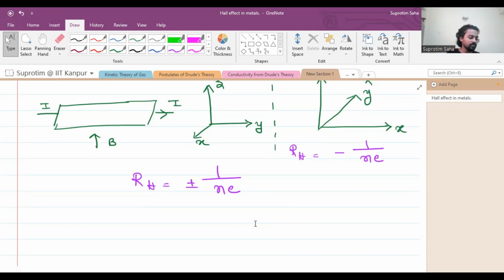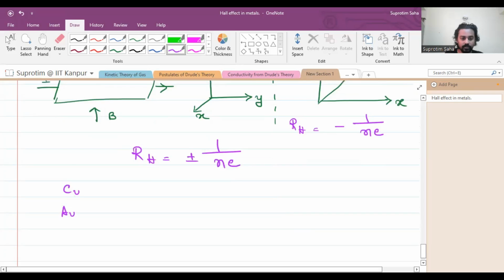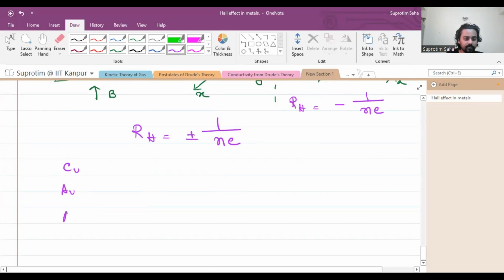Fine. Now, let me give you some estimate of the Hall coefficient of some materials. So copper, gold, aluminium, and beryllium. So this is minus RH times Ne.